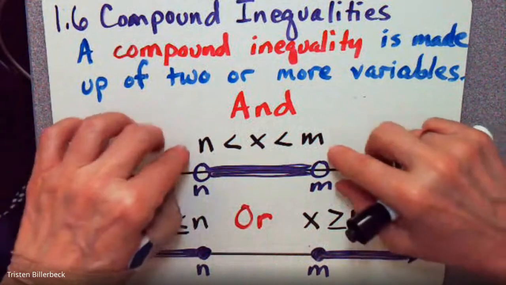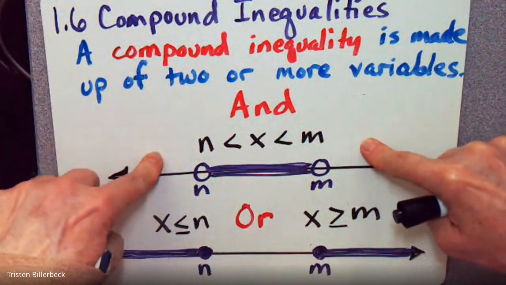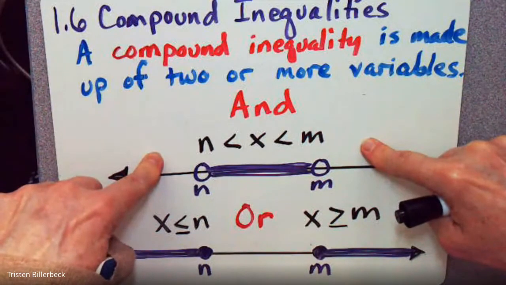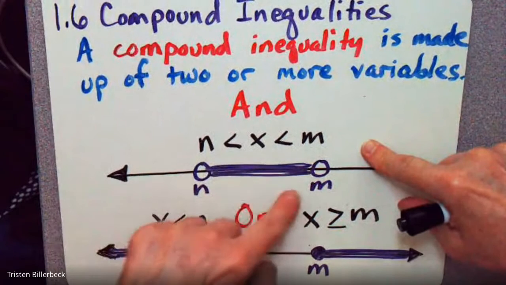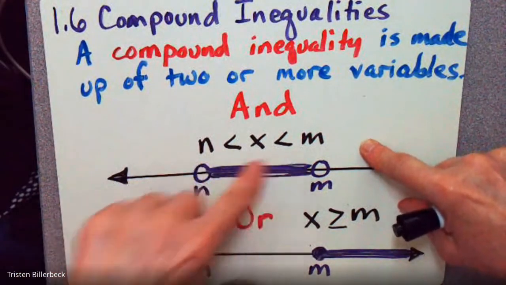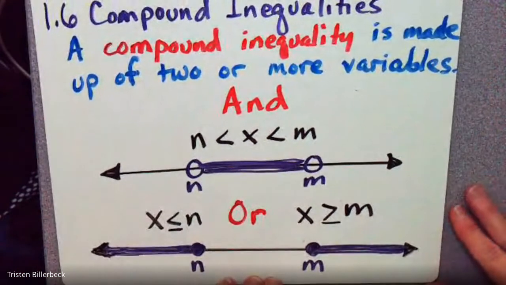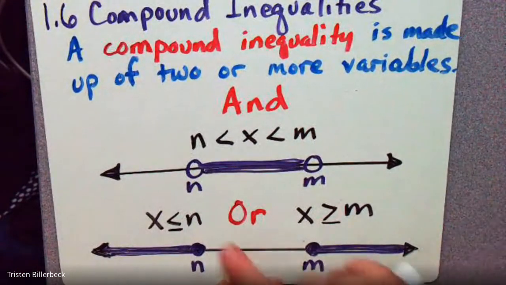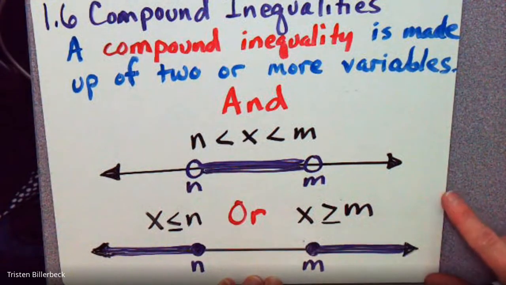So that means that over here, it only fills one situation, but not both. So this area satisfies both the equations, so it's filled in. Now there is no equal bar here, so we have an open point. It's a fence around the point, so you can't ever be equal to n or m.